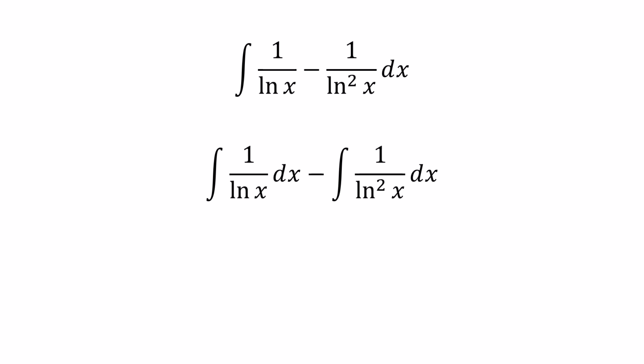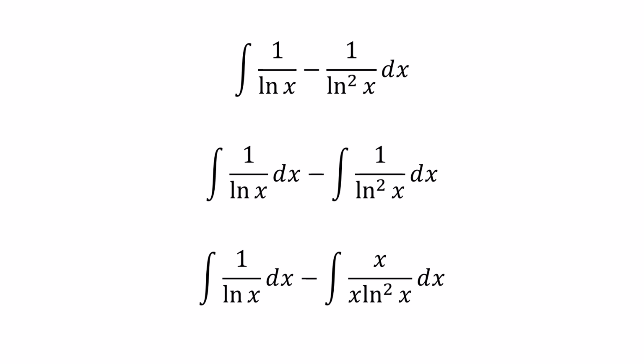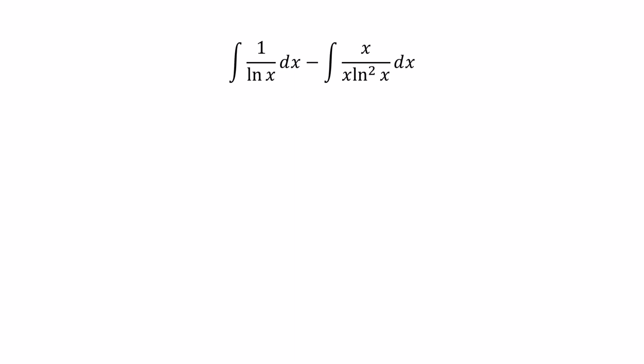multiplying the numerator and denominator of the second integral by x then gives the integral of 1 over ln of x dx minus the integral of x over x ln squared of x dx. We now evaluate the second integral using integration by parts.